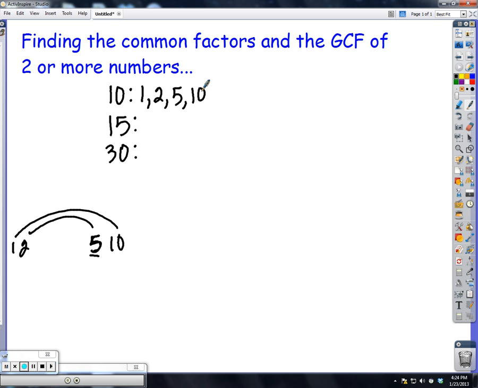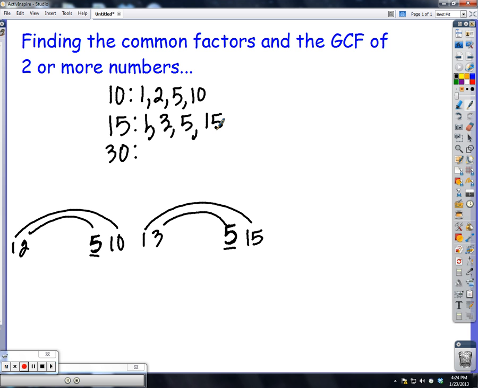Now let's do the factors for 15. 1 times 15 is 15. 2 will not go into 15 evenly. 3 times 5 is 15. 4 won't go into 15, and 5 repeats. So all of the factors for 15 are 1, 3, 5, and 15.